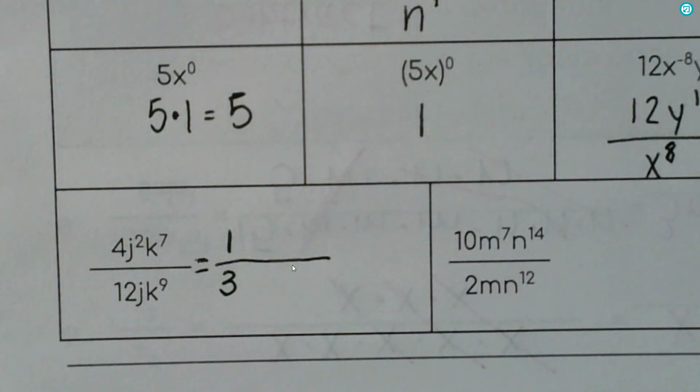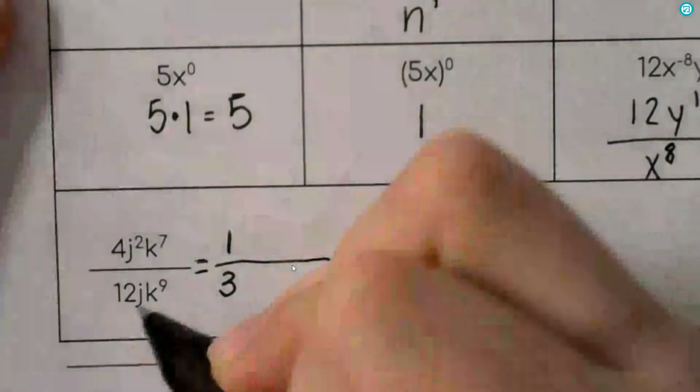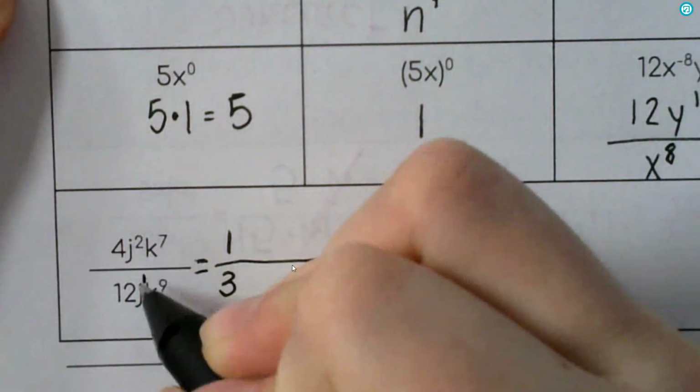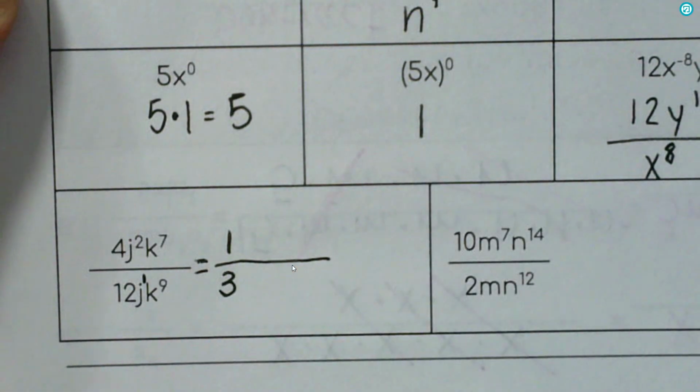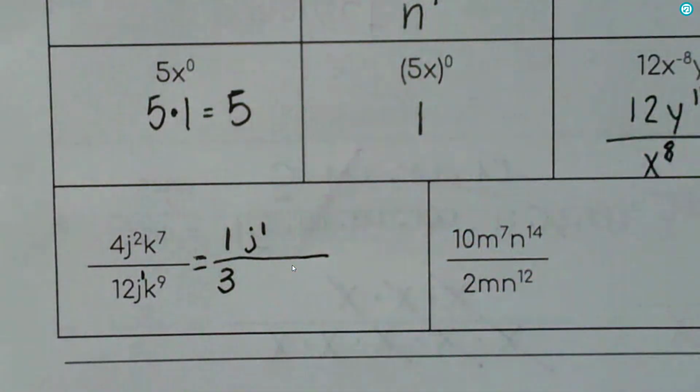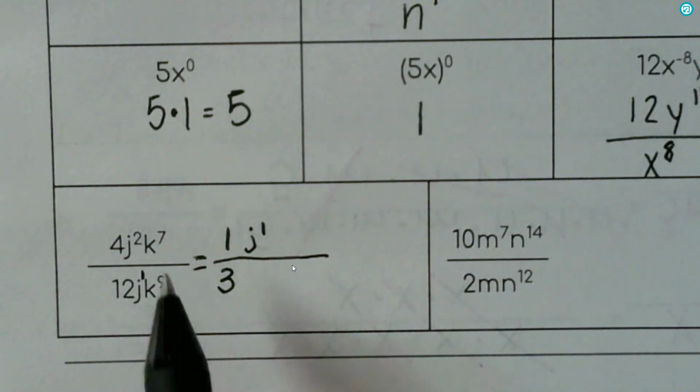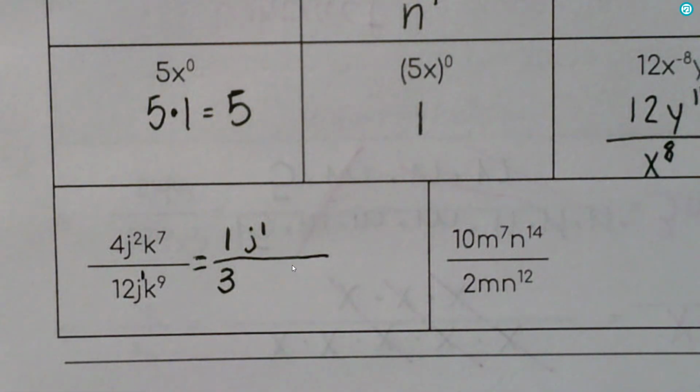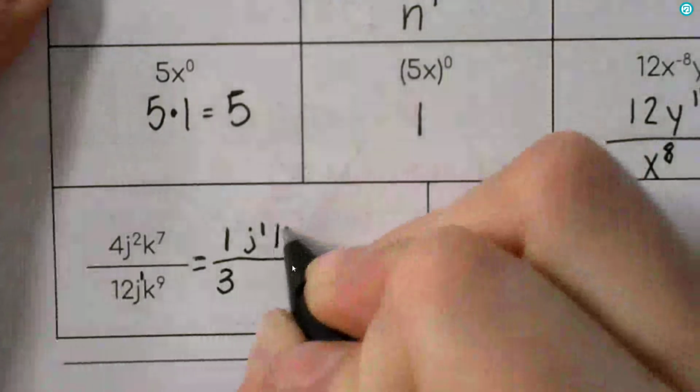Then we can deal with our exponents. So my j's, I have 2 minus 1. What's 2 minus 1? So I've got j to the first up top. And then my k's, I have 7 minus 9. What's 7 minus 9? Negative 2. So I've got k to the negative 2.